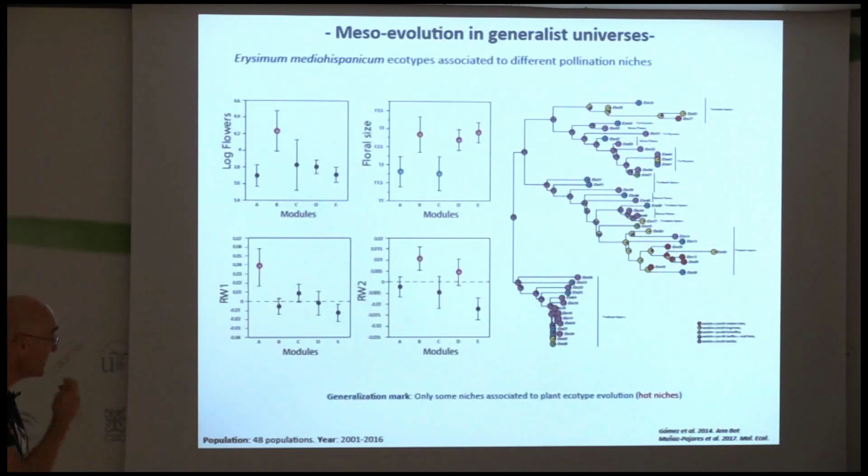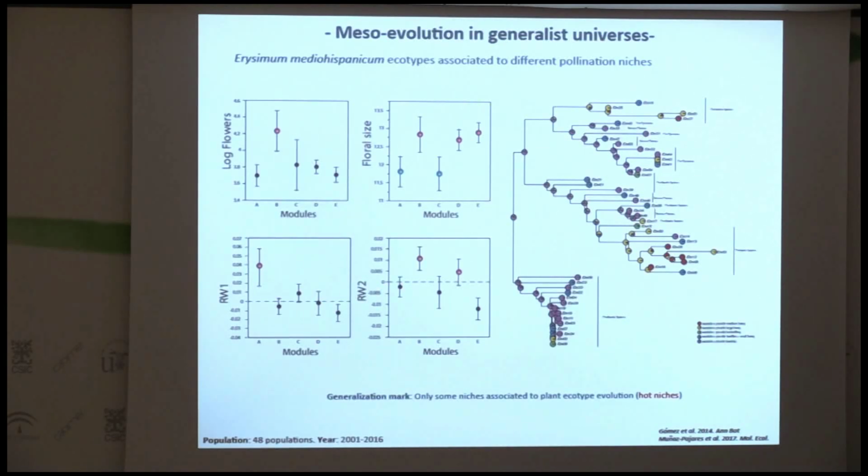Okay? But even so, what we found is that some specific niches were associated with some specific traits at the scale of the population, between different populations. Here there are only 4 selected traits: floral size, number of flowers, and 2 corolla shape components.